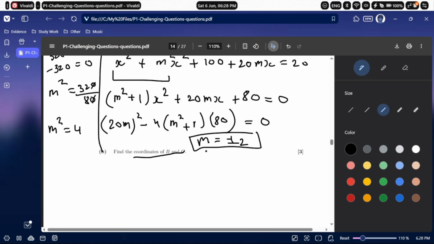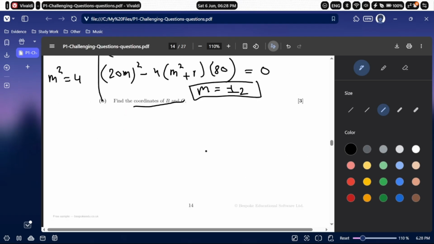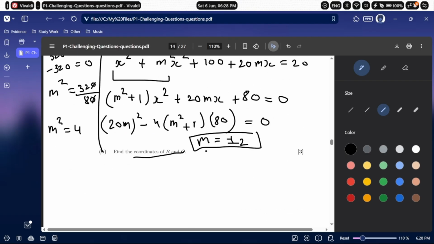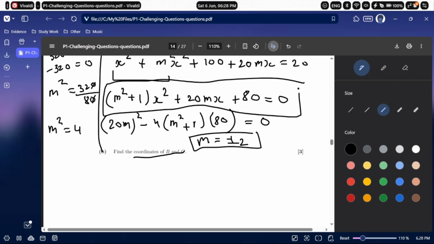But okay, I'll just do this. Using this equation over here, because that's the equation for your intersection. So m square plus 1, that's just 4 plus 1, 5x square. I'm using m is equal to 2 in this case. So plus 40x plus 80 is 0.